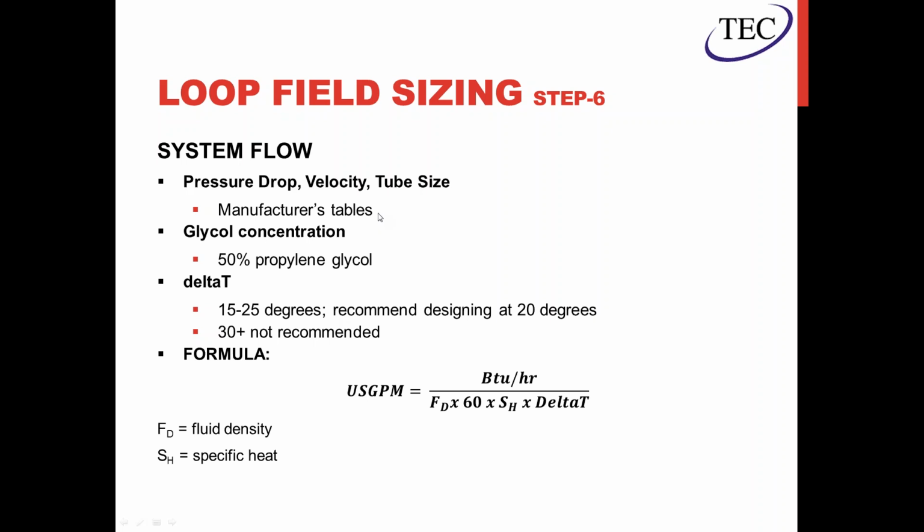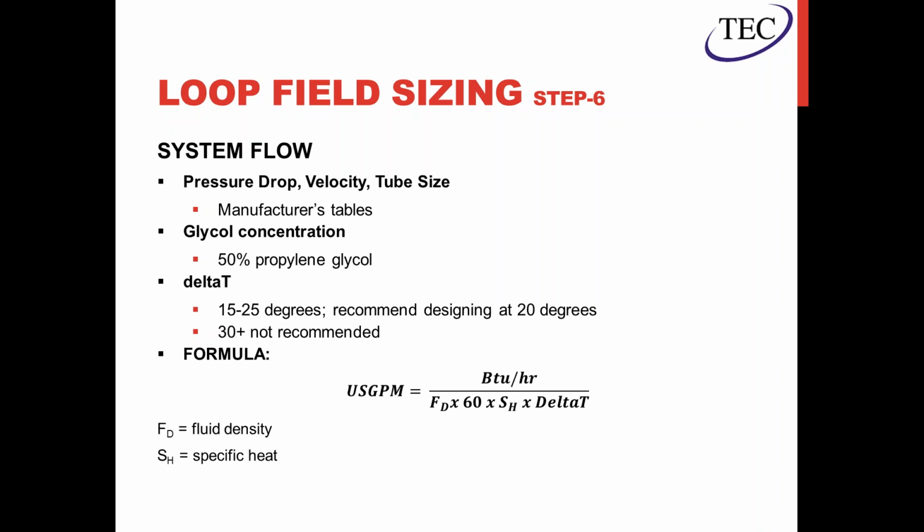Now, it's kind of circular here in the fact that your selections for tube size and whatnot will affect your pressure drop and velocity. So you may need to make a selection, go back, check your flow and pressure loss, and then maybe select a different size.